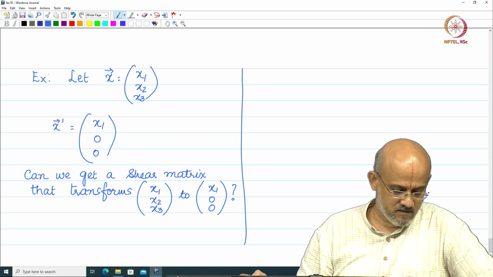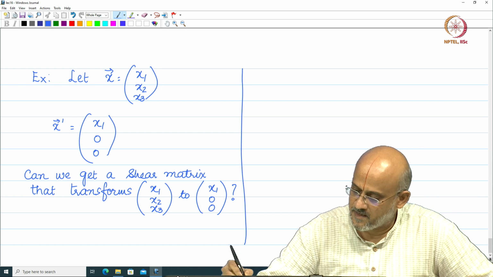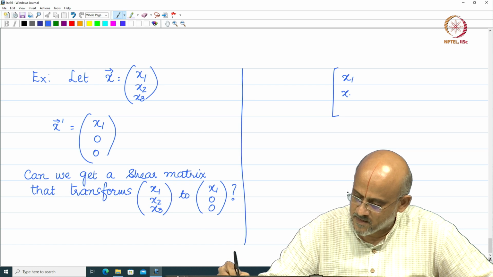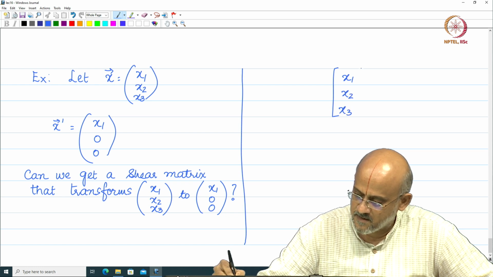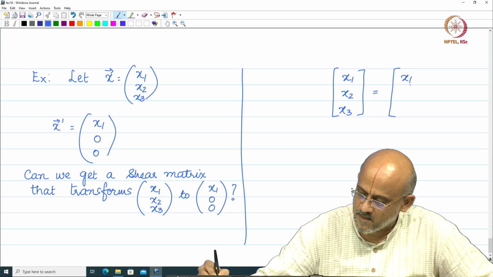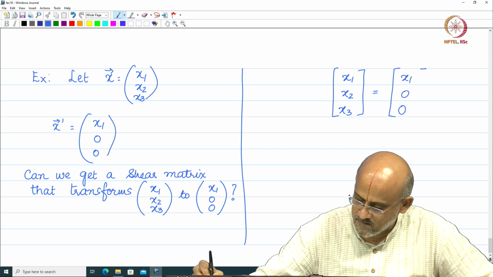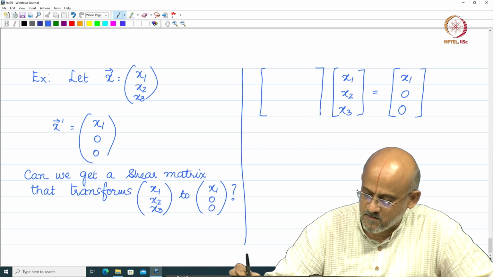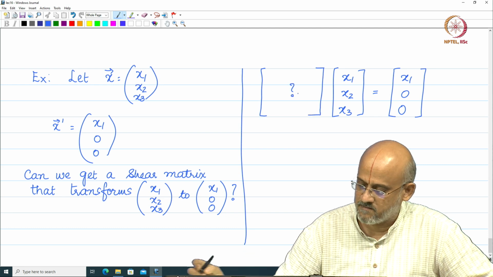So that is the question that we have. So what is it that we have? We have x1, x2, x3, and I am going to get x1, 0, 0. So this is the matrix that I am looking for.